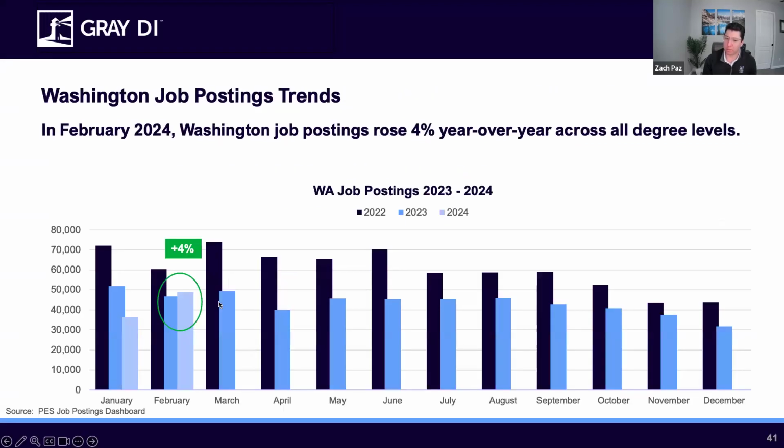From a job postings perspective, we have a 4% increase in job postings. So again, just under the national percentage growth of 7%, but still a nice indicator for us that we're leveling out versus continuous decline in job postings.